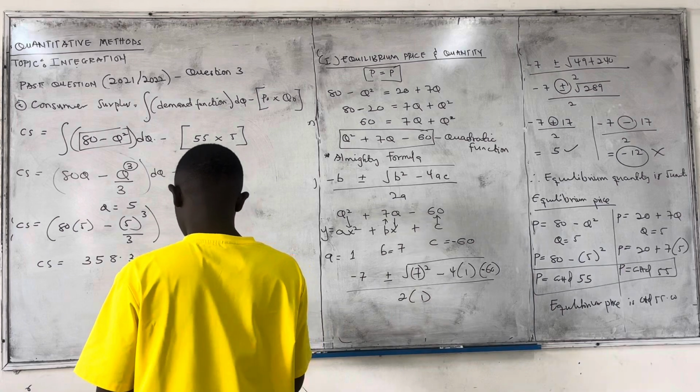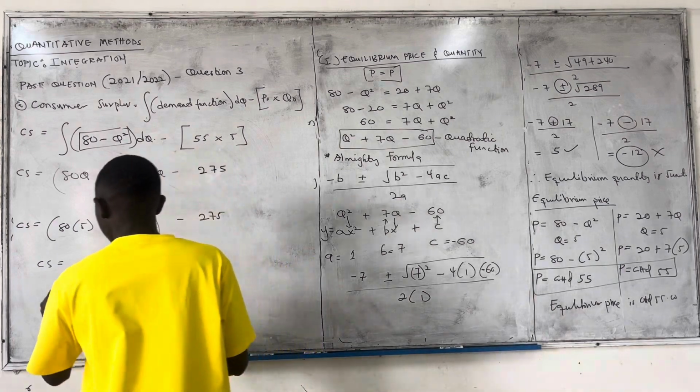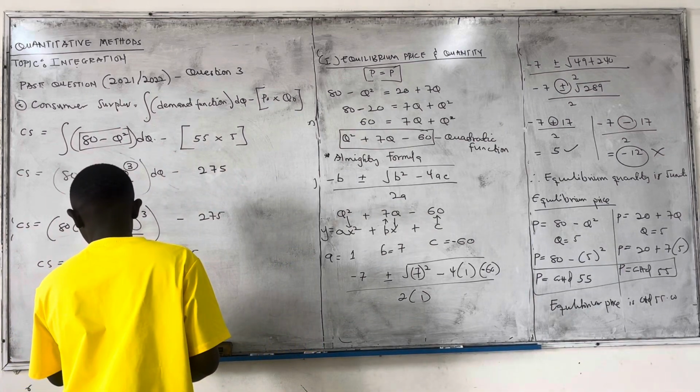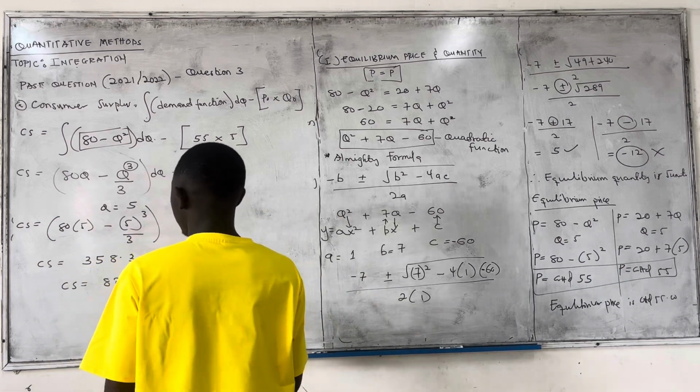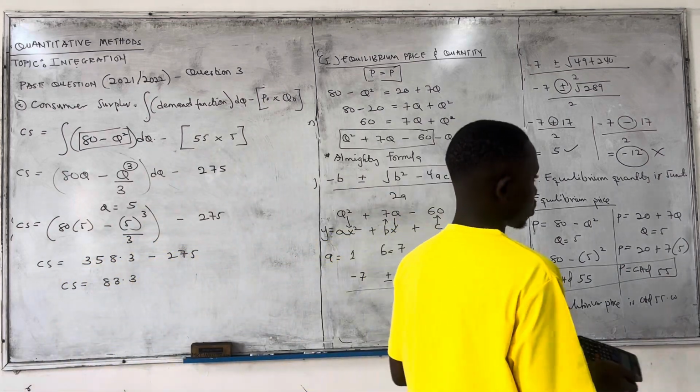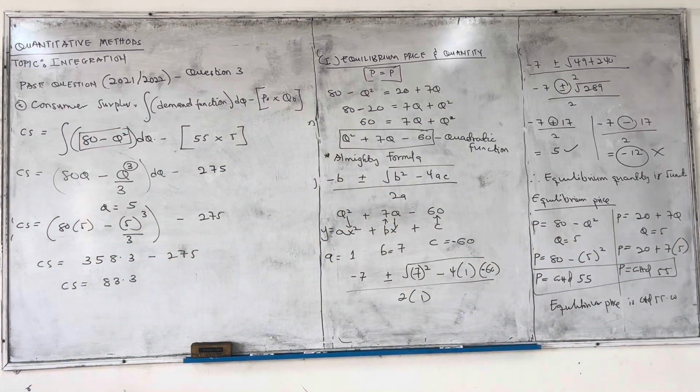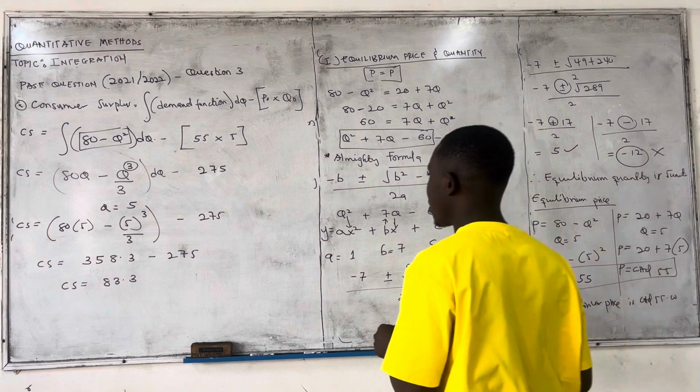So consumer surplus is 83.3. So that is the answer for the consumer surplus.